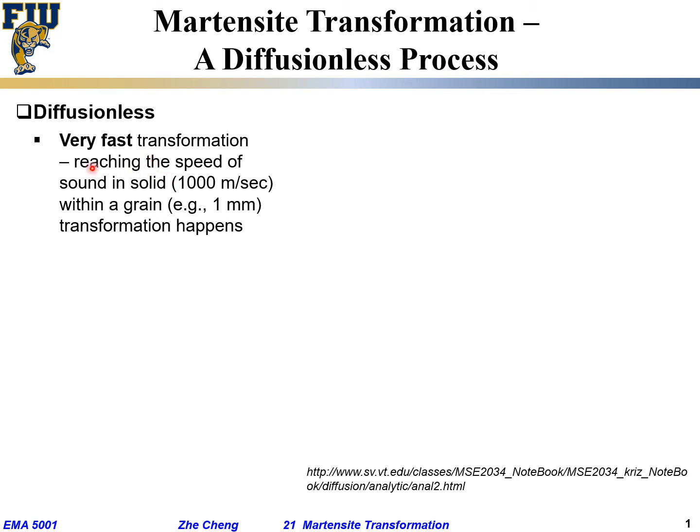It's actually what people find has reached the speed of sound wave propagating within the steel, the solid. It can propagate as fast as 1,000 meter per second. If I have a typical palm-sized material, the whole material would transform within, wow, 1 millisecond. Really, really, really fast. Okay, within the grain.